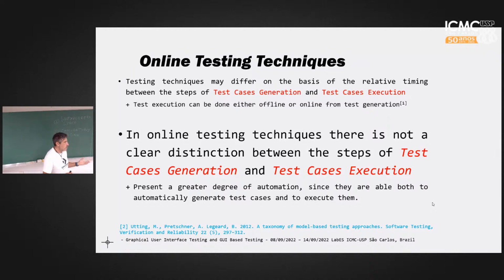Now, what is one issue of the model-based approach? We need a model. That could be a finite state machine. If you remember, a finite state machine is a graph where each state represents an abstraction of the GUI.